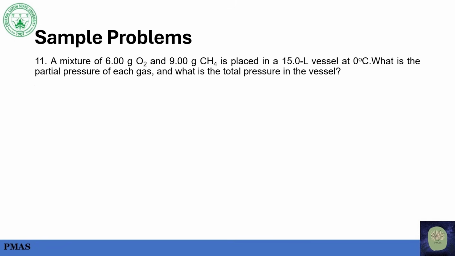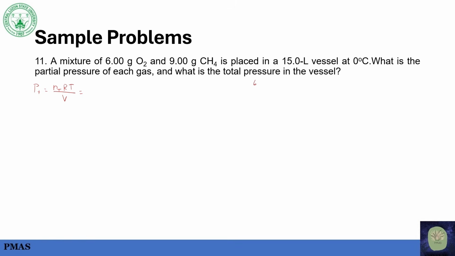So remember that the total pressure is equal to the total moles multiplied by RT all over the volume, okay? So to solve this, we must first have the total moles, right?